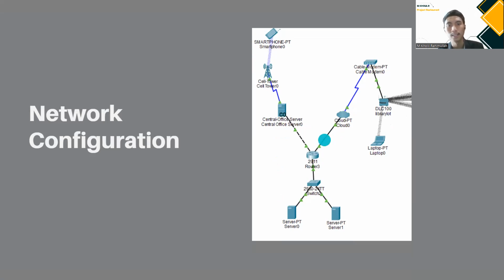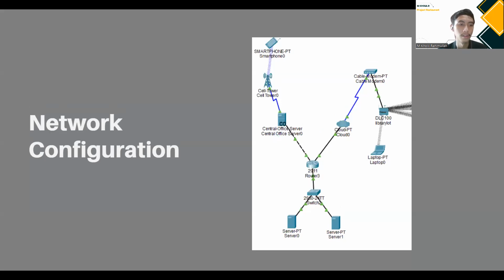And next is the central office server. The central office is the main switching facility for a telco, providing access to the plain old telephone services, or POTS, leased lines, and circuit switched services that the telco offers to customers.